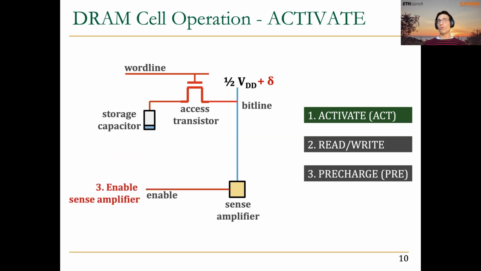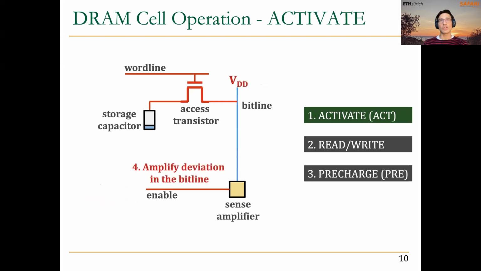At that point, we will enable the sense amplifier. When we enable the sense amplifier, what it does is amplify the voltage of the bit line. It amplifies this deviation in the bit line. So if the deviation was a little bit higher than half VDD, the bit line goes to VDD.